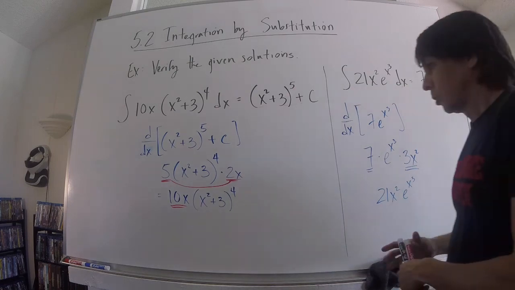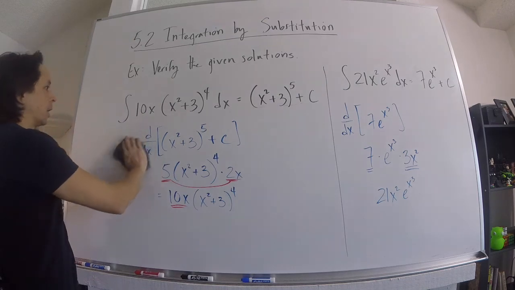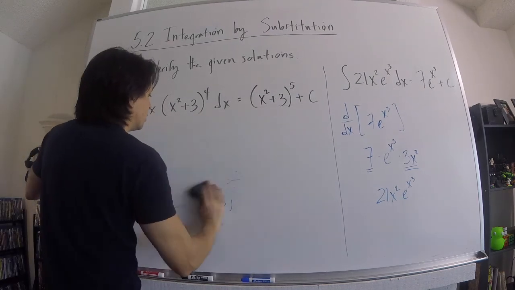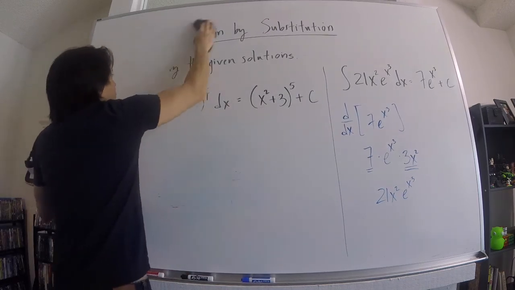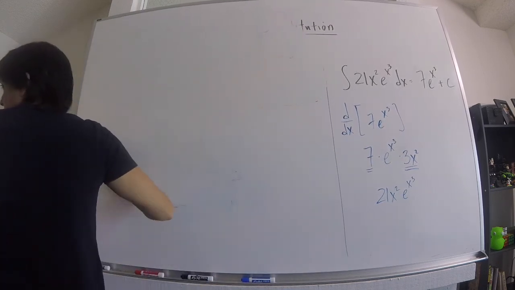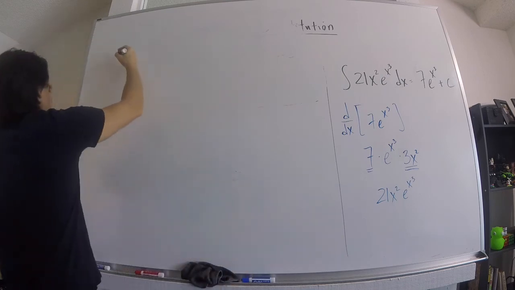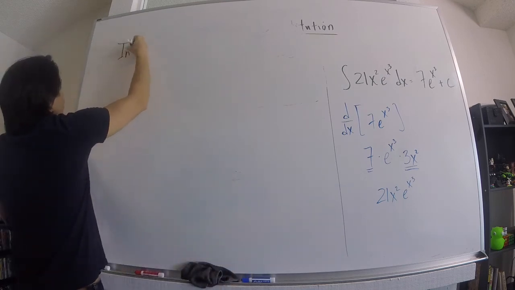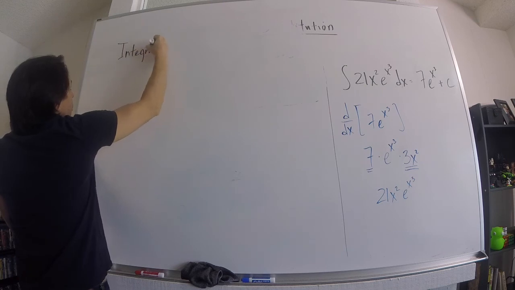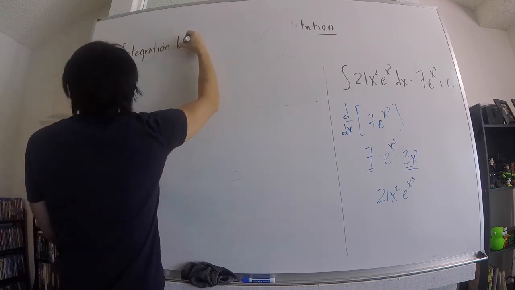Okay. So let's learn how to do it without me giving you the answer prior. Let me see, I'm going to do that one first. Well, I've got to write some steps first, or some general overview of the technique, integration by substitution.